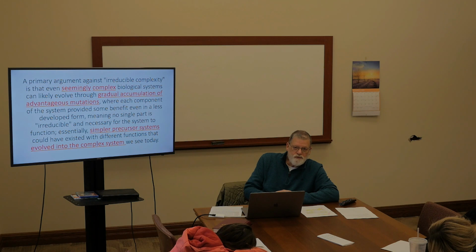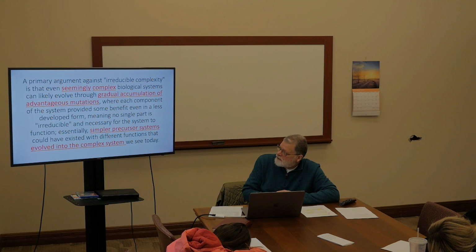is a problem for evolution. That irreducible complexity is that even seemingly complex biological systems, seemingly complex, in other words, they're not really complex, they just seem like they're complex, can likely evolve through gradual accumulations of advantageous mutations.